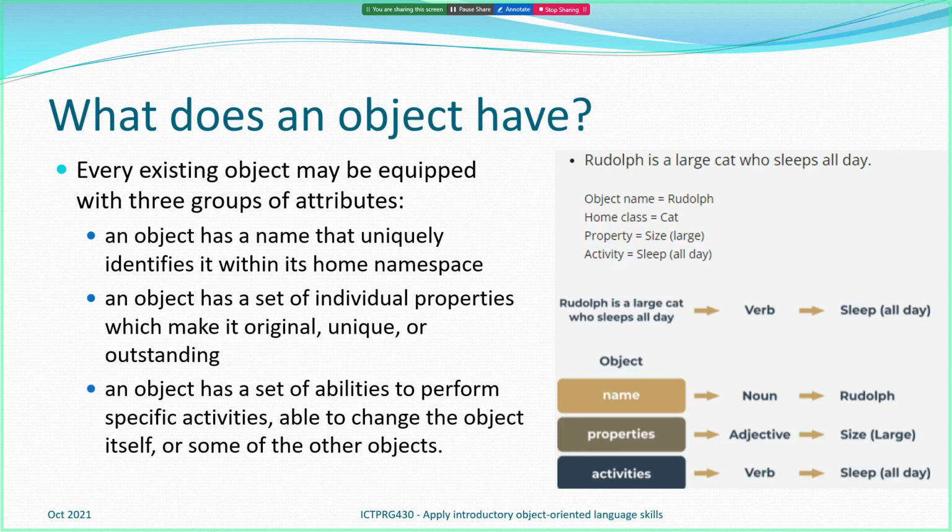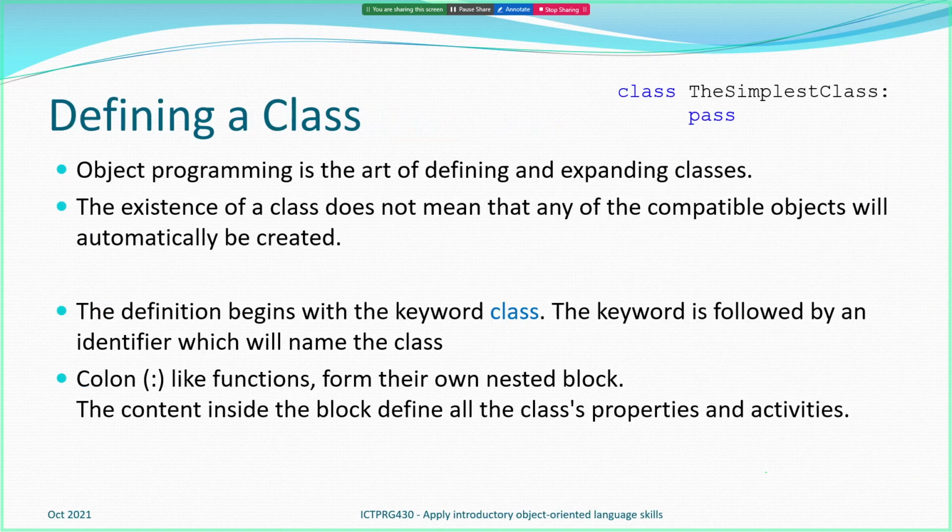So think about it as breaking it down into your component parts, and then they form the elements that make up the object. So name, properties, activities, or noun, adjective, and verb, if you're that way inclined.